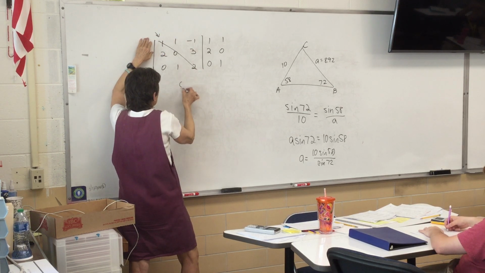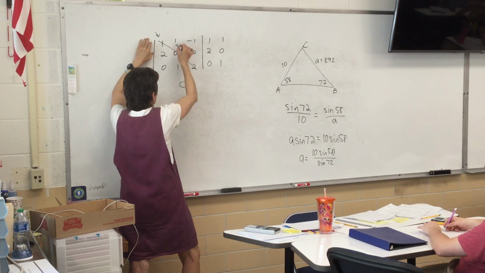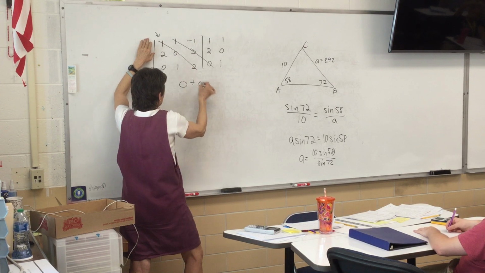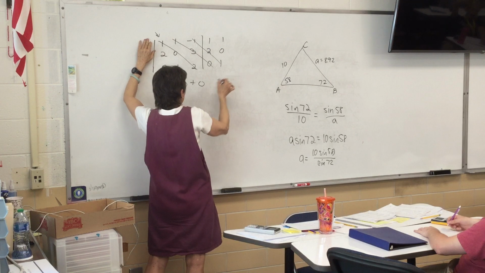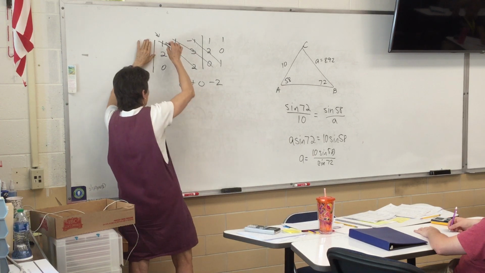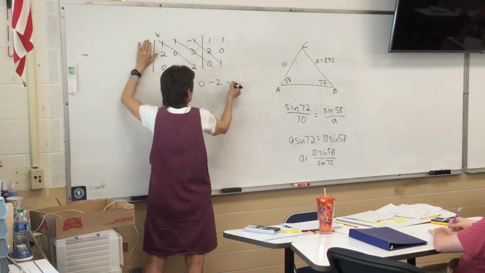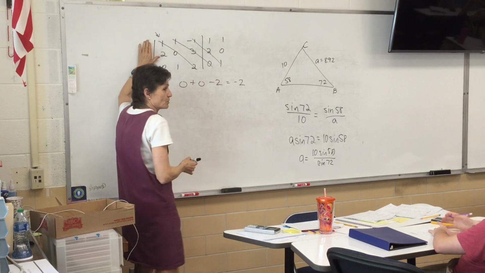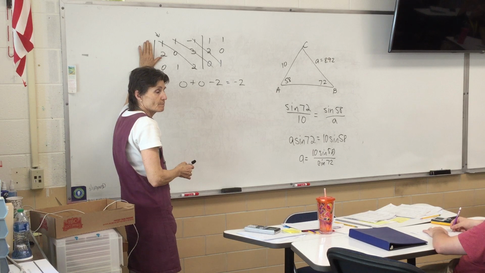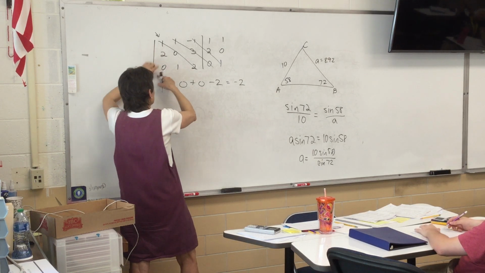And we multiply those together. And we multiply these together. And we multiply these together. So I got a 0, and a 0, and a -2, which all adds up to -2. Then I come down here.